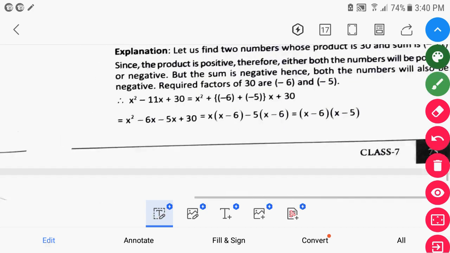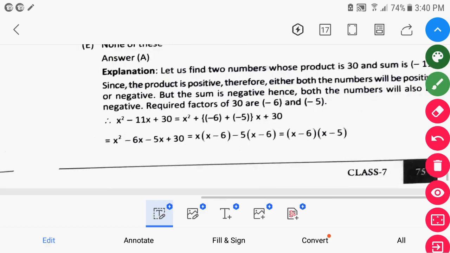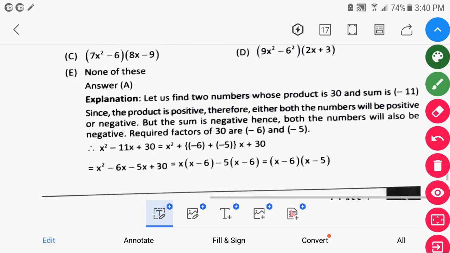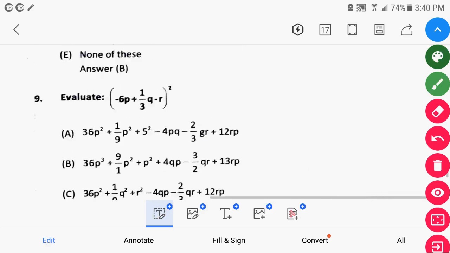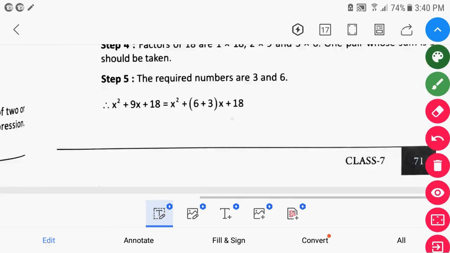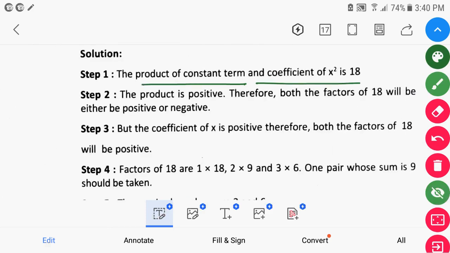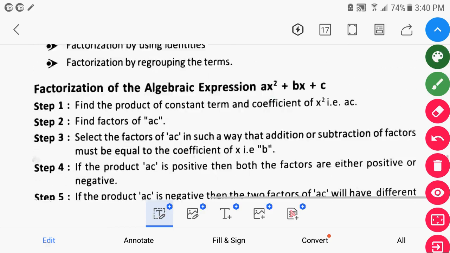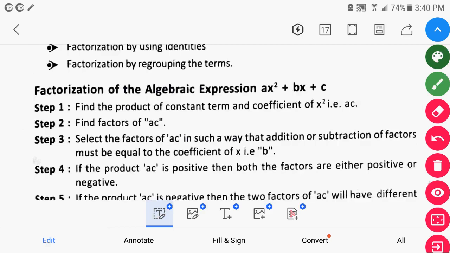We again move and go to see the conditions which are necessary for factorization of the term. The product of the constant term and the coefficient of x square we have to calculate in the first step. In the second step, we have to factorize this product in such a way that the addition or subtraction of the factors must be equal to the coefficient of x.